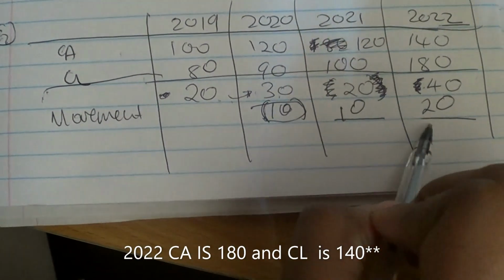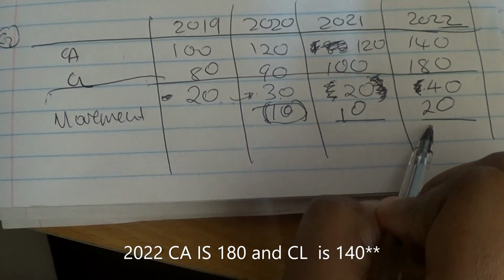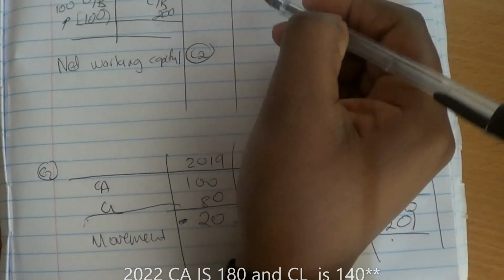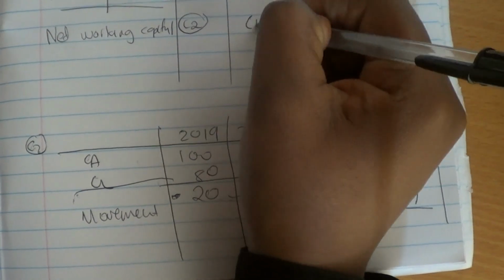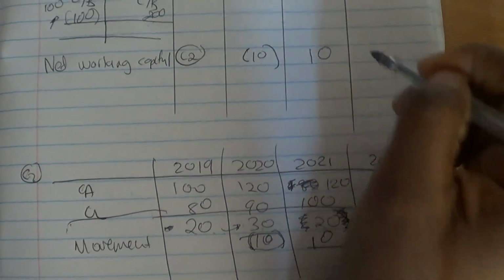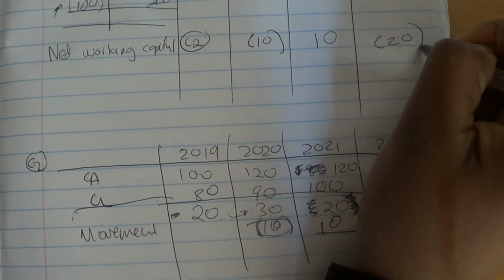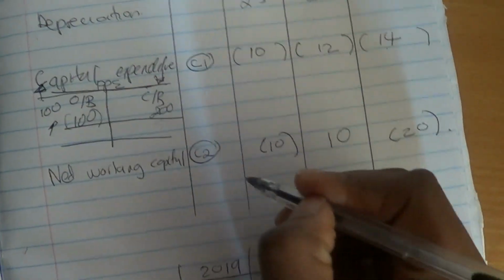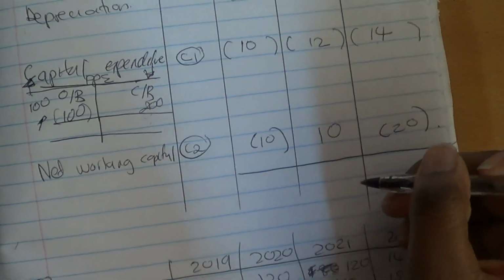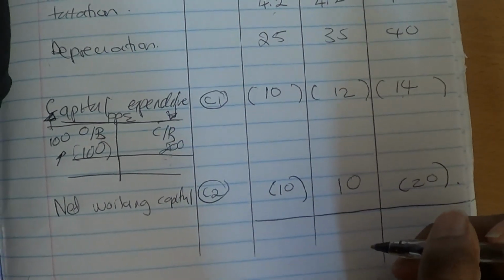And then these are the amounts that you put in your cash flows. That will be minus 10, positive 10, and negative 20. I believe when you're doing valuations, it's important to remember all the steps.